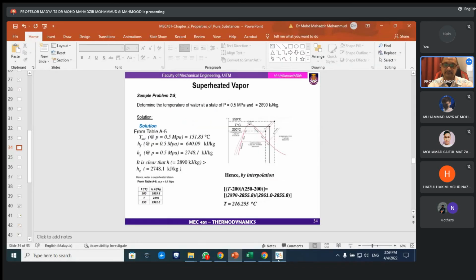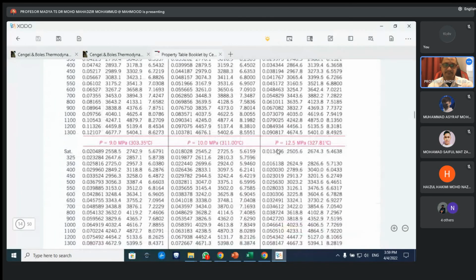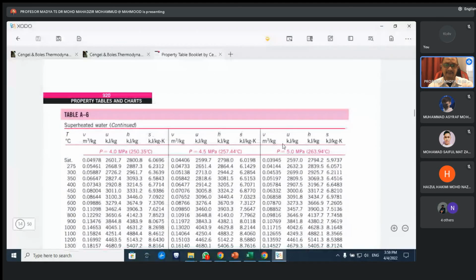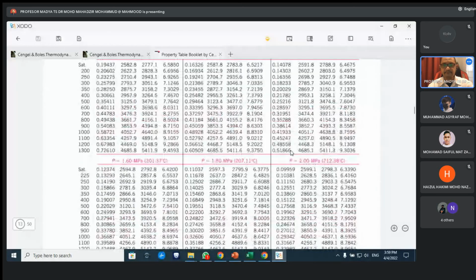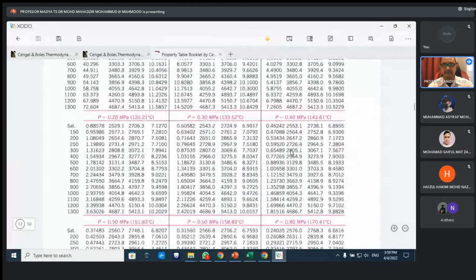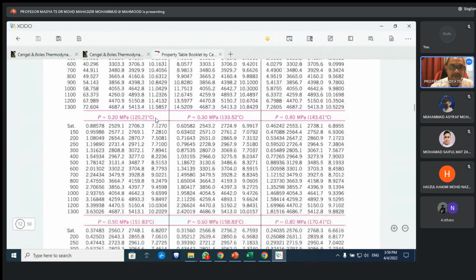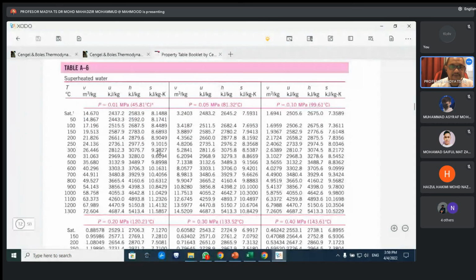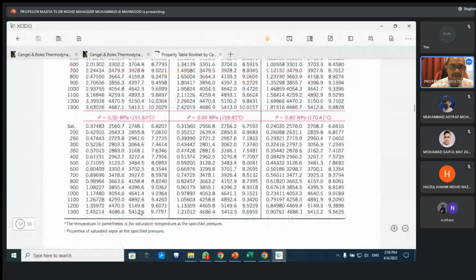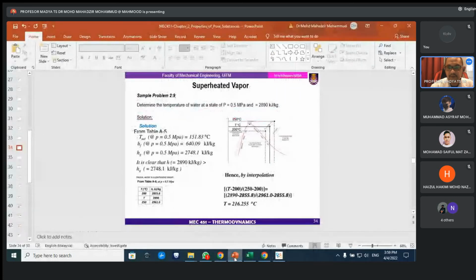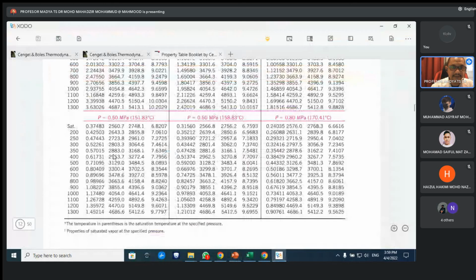So find P is 0.5. You find pressure 0.5, and then h. h is 2890.